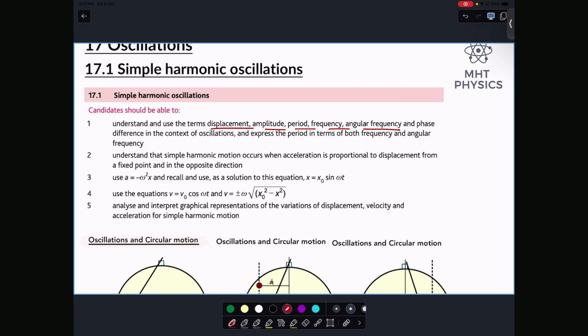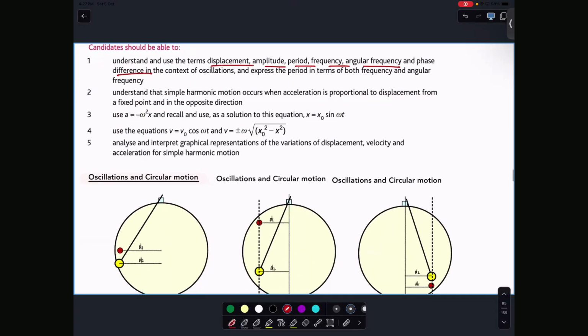And when is it completely out of phase? Pi, 3 pi, 5 pi, all odd numbers of pi. The equivalent for path difference is lambda, and the other one is half multiples of lambda. We don't have path difference in this topic, only phase difference, because you don't really have movement to a location here.